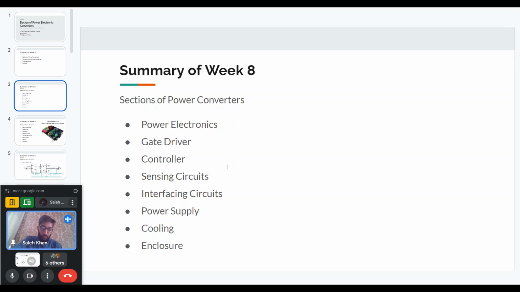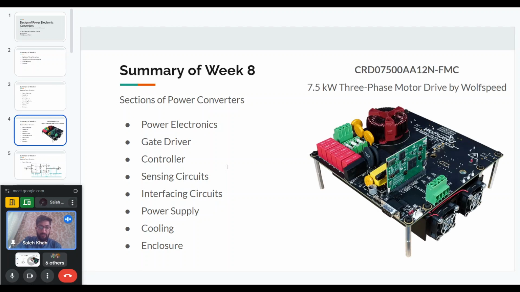Instead of going over again the content that was covered in the course, I will choose a different converter. This is a three-phase motor drive by Wolfspeed, and the part number of this whole converter is shown here. If you search for this, you will find the reference design by Wolfspeed online.